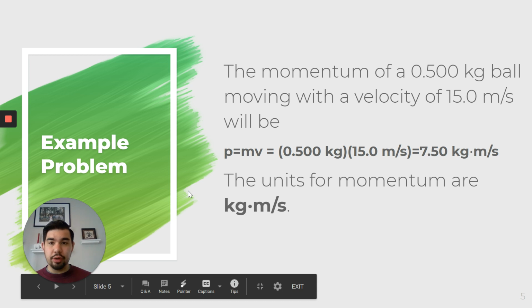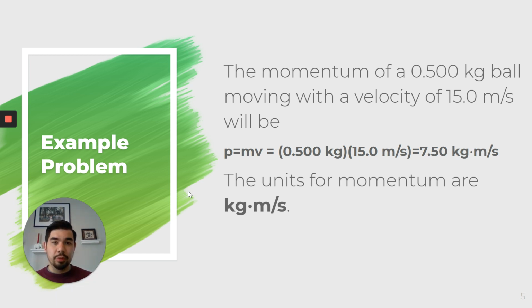Now we can go through a quick little example problem. Let's say we have the momentum of a half a kilogram ball, so 0.5 kilograms, moving with the velocity of 15 meters per second. We want to know what the momentum is. We plug that into our formula. We know our formula is momentum, P, equals mass times velocity, mv. So we just get 0.5, which is our mass, multiplied by 15, which is our velocity.